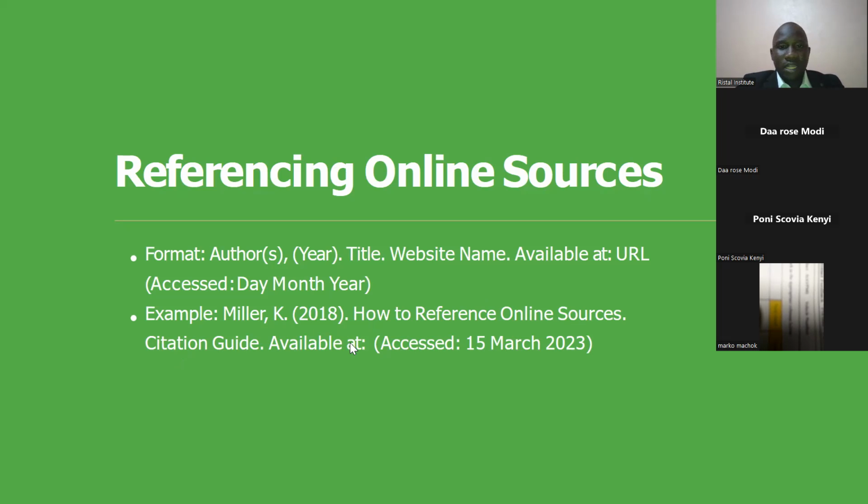The link is the only one which is missing here. Available at, there is a link that is supposed to be here that I didn't put, but this is basically the example for the reference list of the website. Okay, so if it is the in-text, you basically just put the name of the author and then the year.